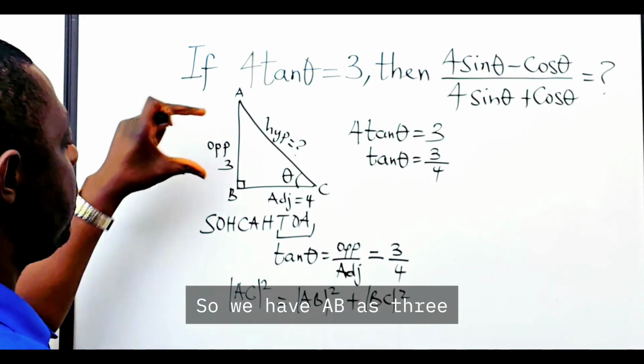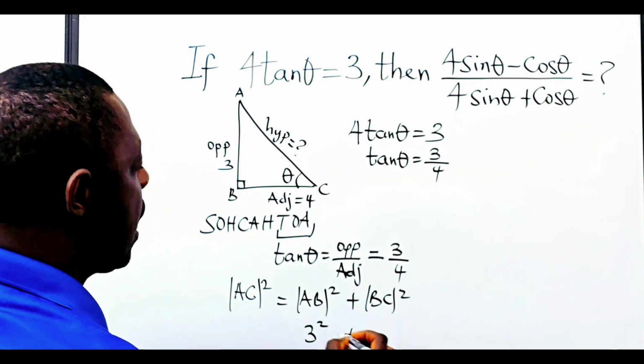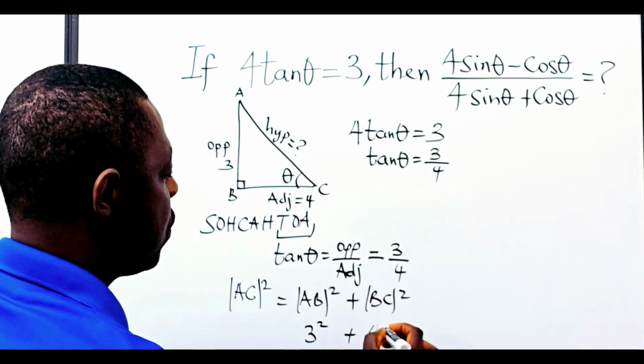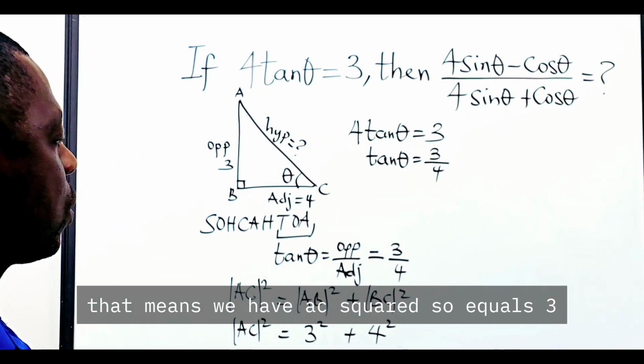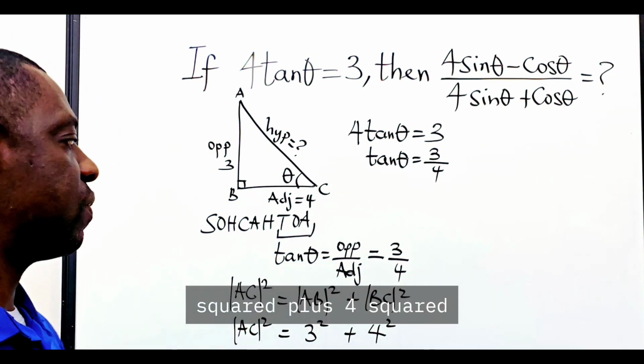So we have AB as 3, and we have BC as 4. That means AC squared equals 3 squared plus 4 squared.